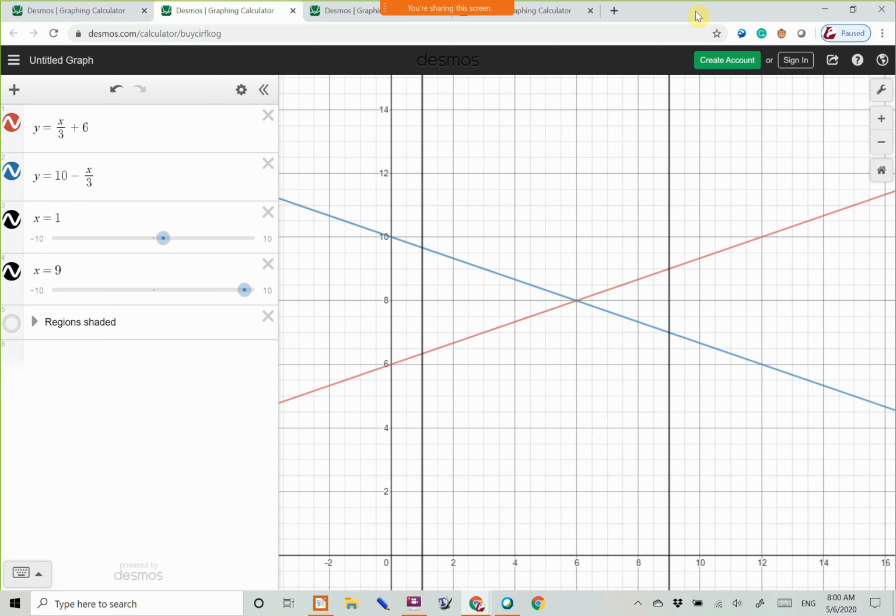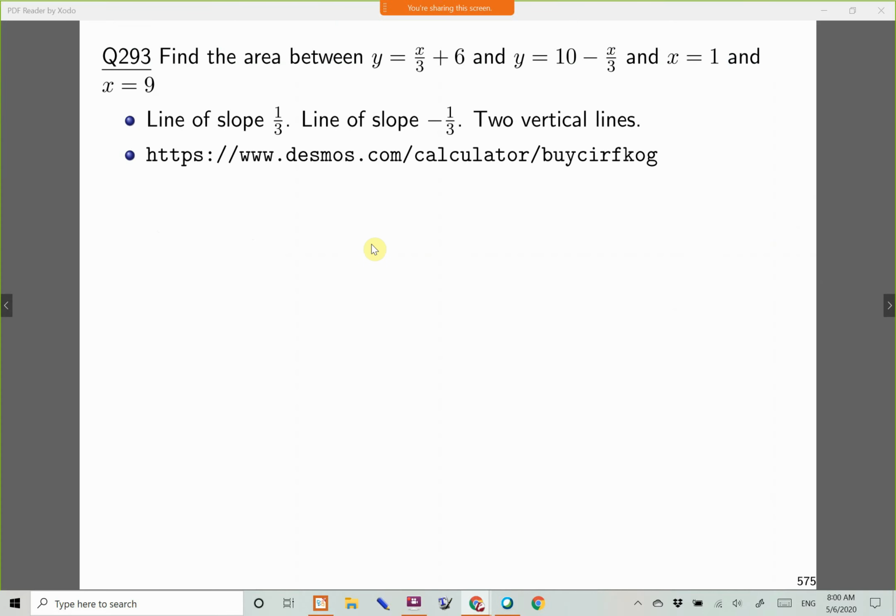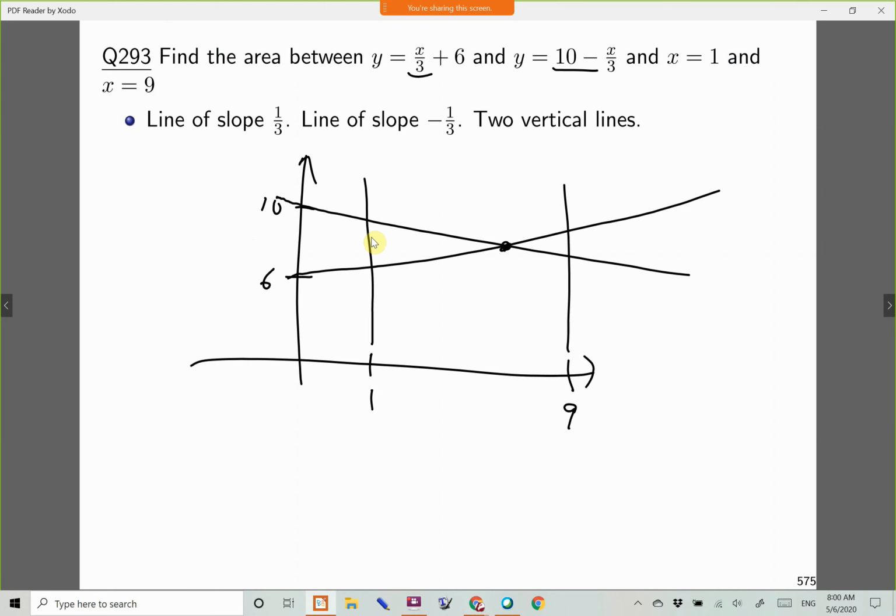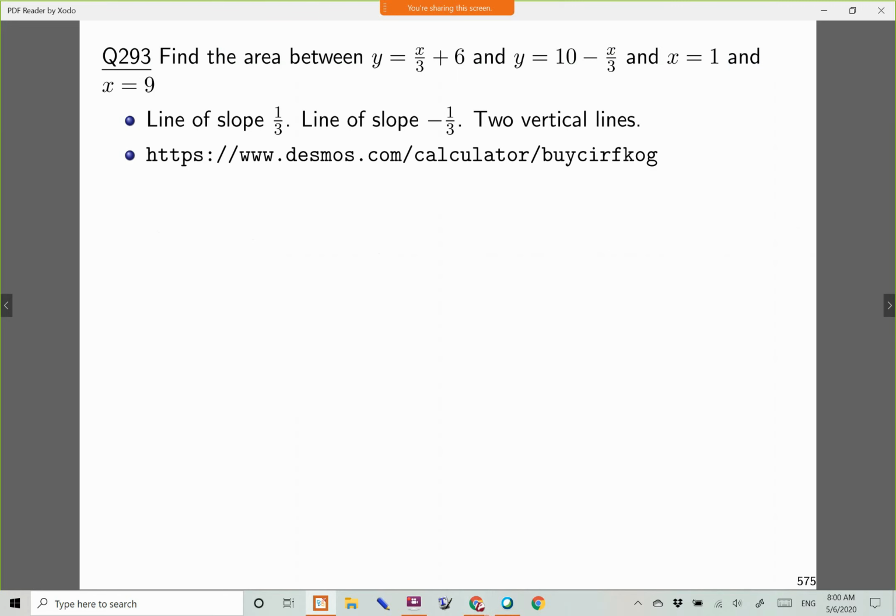But again, let's just talk about what we would do without the use of this tool. For the sake of the slides, that unknown x value here, I've just called C, just so that we can talk through it.